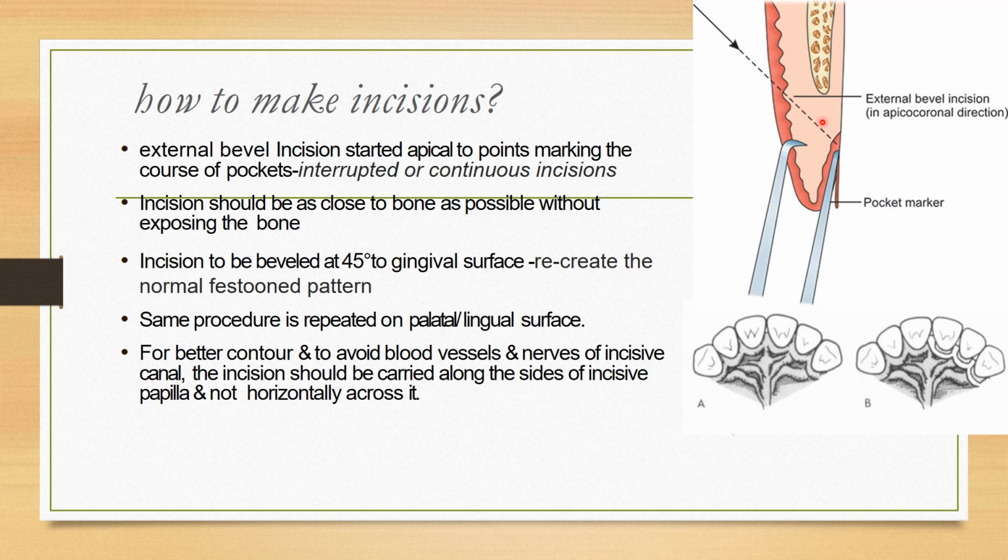This will recreate the normal festoon pattern, and the same procedure can be done for the palatal side. For better contour and to avoid the blood vessels and nerves of the incisive canal, always this will be carried along the sides of the incisive papilla and not horizontally across it.